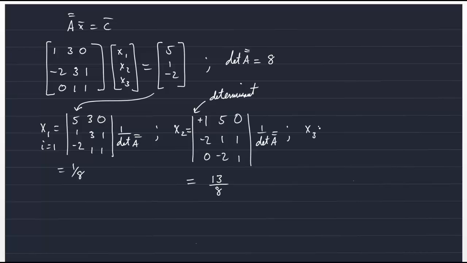And finally, x sub 3 is the determinant of the A matrix with the third column replaced by C, the C vector on the right-hand side. And of course we have to divide by the determinant. And this gives minus 29/8.